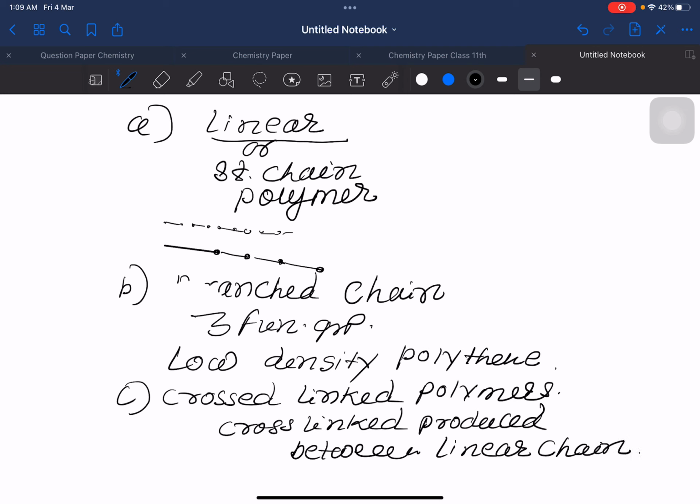Cross-linking results from polyfunctional monomers. For example, bakelite and melamine are two examples of that.